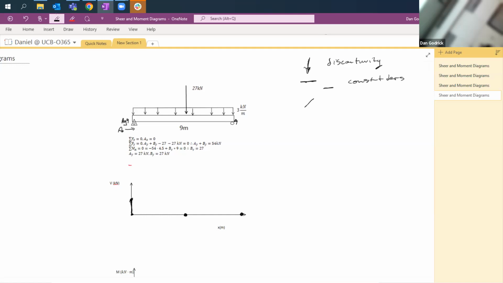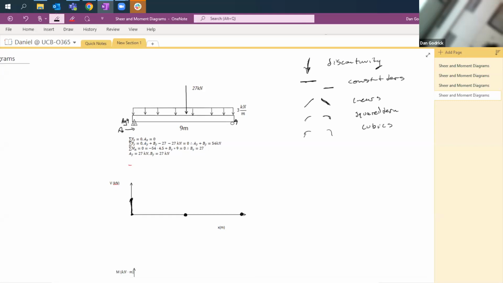And those constant terms became, in our moment diagram, up and down lines, linears. And those linears became up and down square terms or quadratics. And those square terms became up and down cubics.